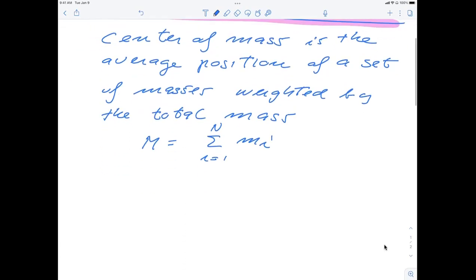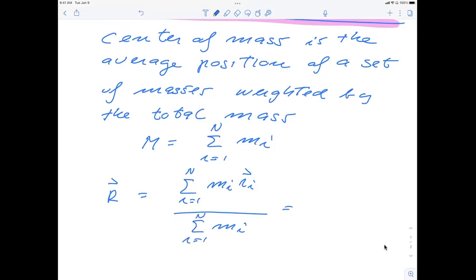Now, the way we would define it then is in terms of a vector, and it sums over the masses multiplied with the positions of the individual objects. And then we have a sum over i up to n, and this is divided by the sum over all the masses. And we are again assuming that the mass is actually time independent.